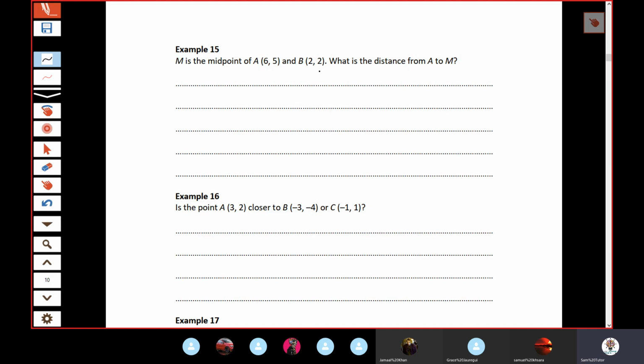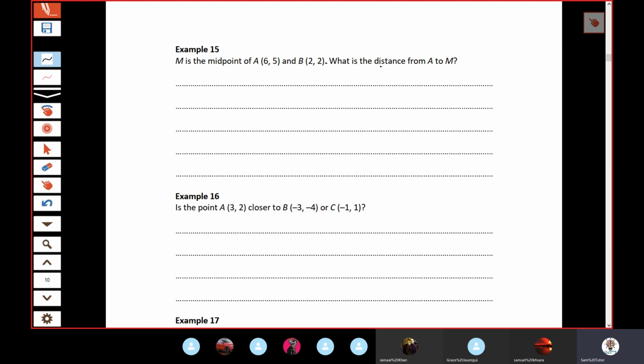That's a pretty good clue to remember. So in this case, for example, it says M is the midpoint of A and B, full stop. That means that's pretty much one piece of information. You should be able to do something with that. We'll continue. What is the distance from A to M?